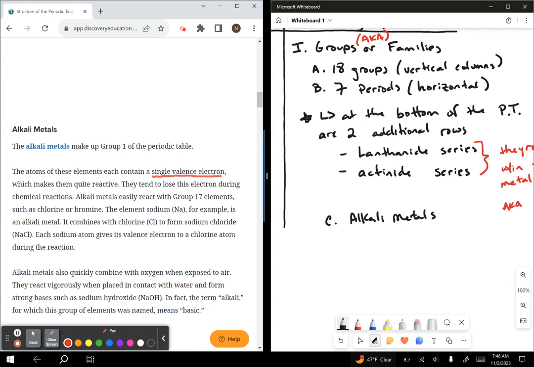They are going to be found in your first group, group 1. They tend to lose their electron, especially reacting. They react easily with group 17. And what else can we say here? Let's first write down some of these points.